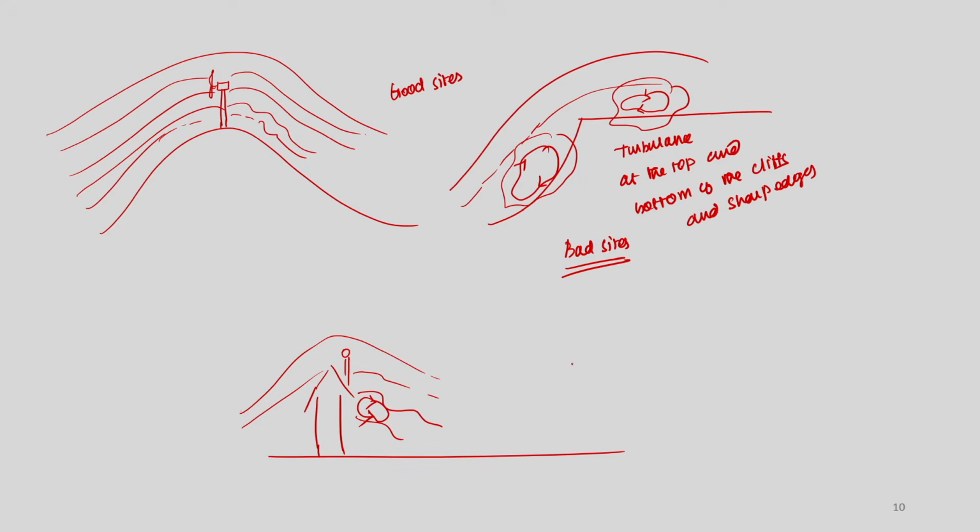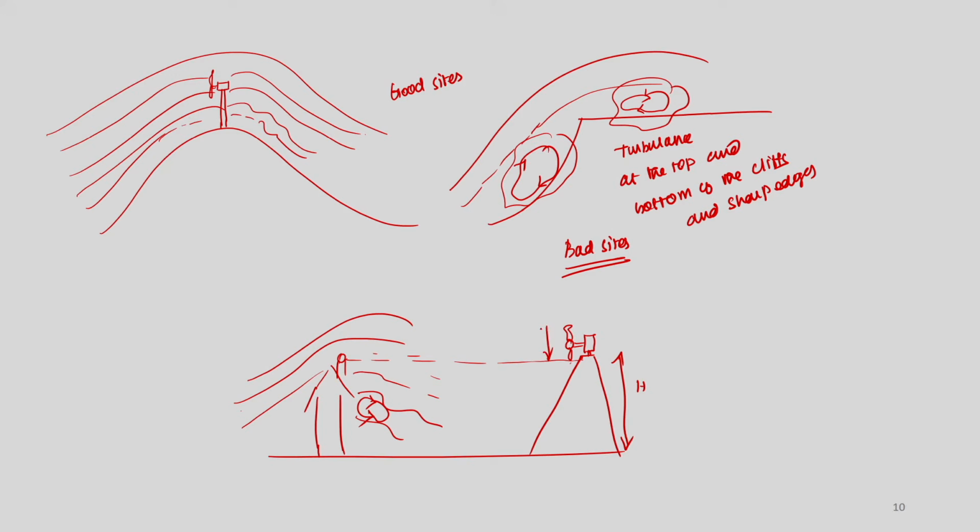For example, here you have a windmill, and this is the height of the tower, and this is the diameter of the rotor. You would get such obstacles before the air reaches the rotor.